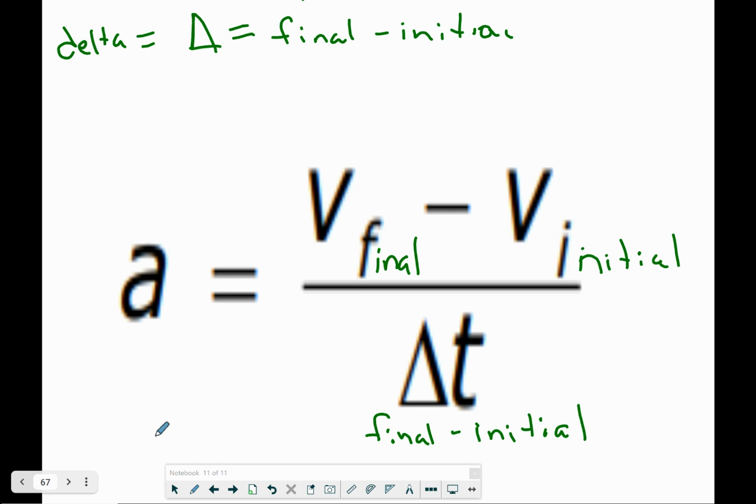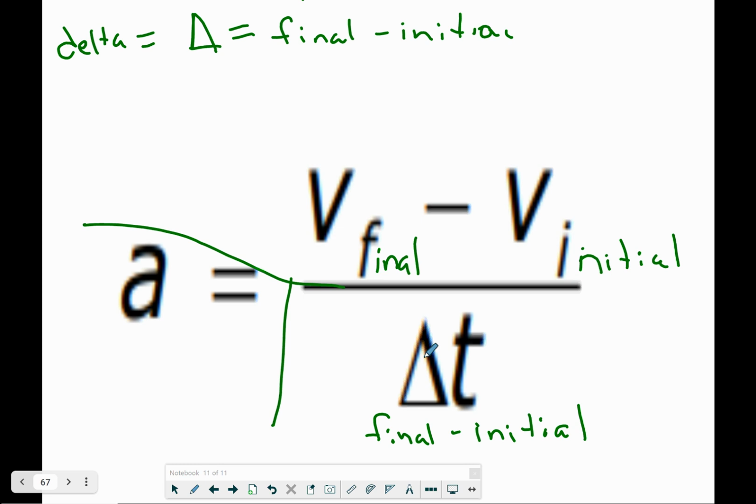All right? So ultimately, this is just a regular fraction. You take the final velocity minus the initial velocity, you find that answer, and then you divide that by the acceleration, and that equals the change in time.